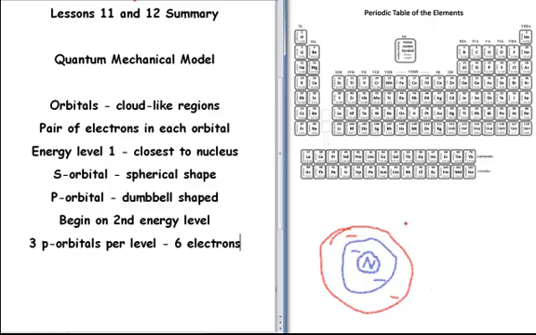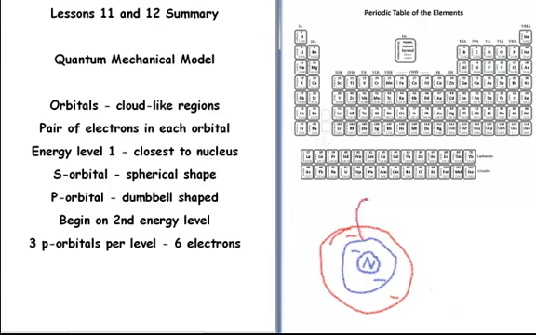So on that second energy level over here, we are going to add 3 p orbitals. You can imagine that that's a dumbbell shape. And that each of those p orbitals can hold 2 electrons. So we can place a total of 8 then in that second energy level. 2 in the s orbital, 6 in the p orbitals, total of 8.